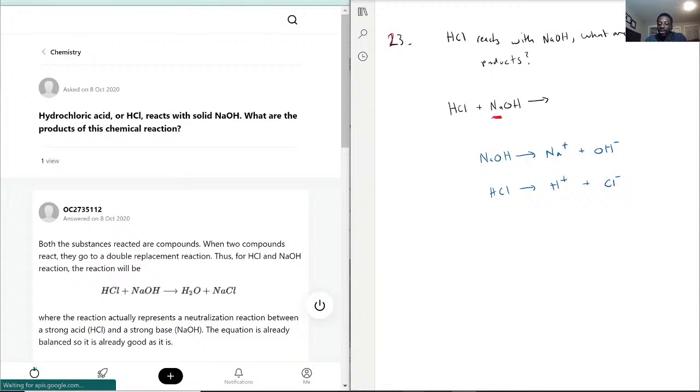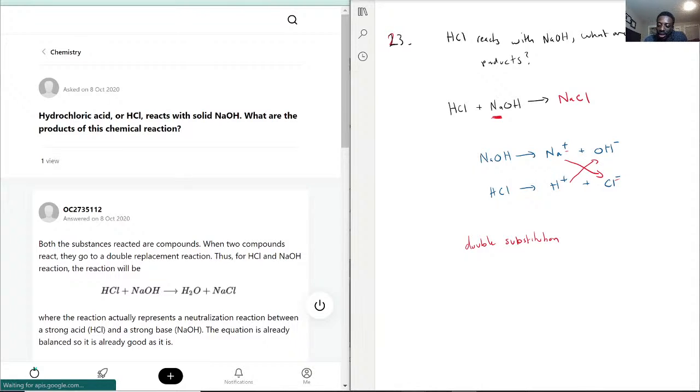Okay, so to fill in this formula, you're going to do what we call a double substitution. Because now you want the positive to go with the negative of the other one. So this here is going to react with that. What we get here is NaCl. And because there's only one, we don't have to do any fancy math or balancing.